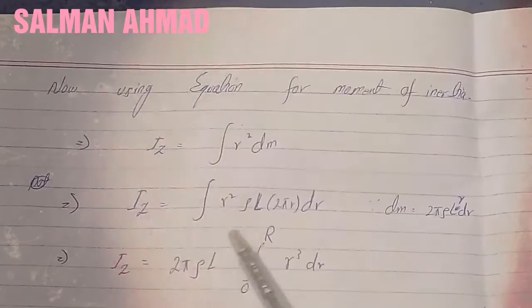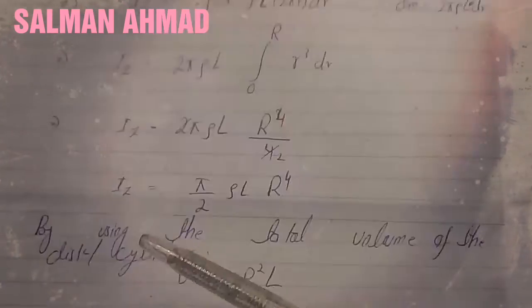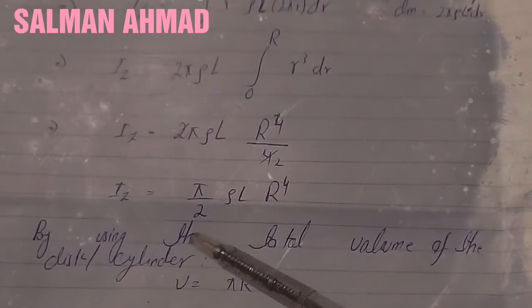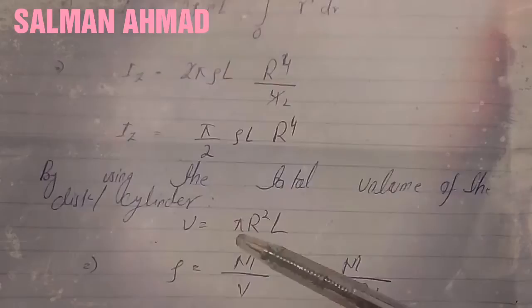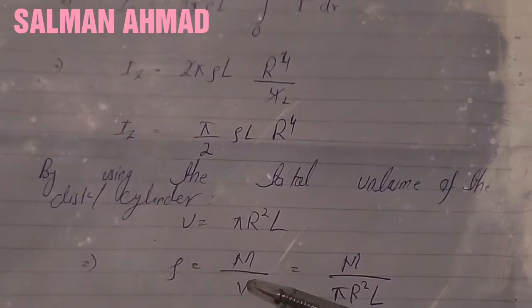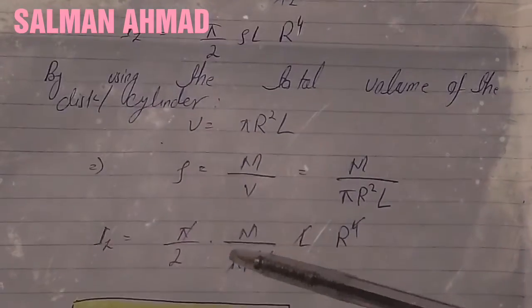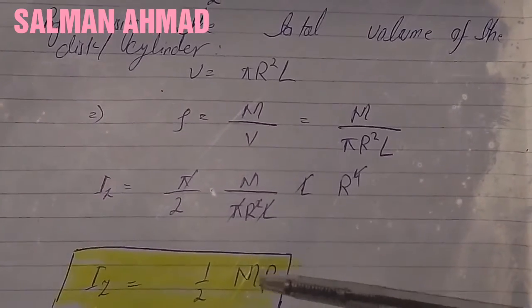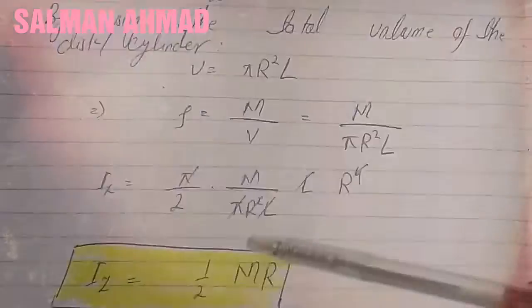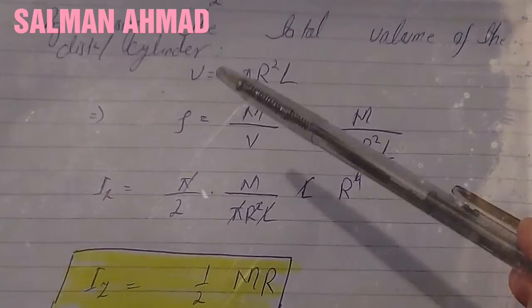From the equation of moment of inertia, we put that mass over there, and then we calculated, and after that we took the total volume of the cylinder, and by putting the total volume in the density equation, we found that the moment of inertia of a solid cylinder or disk is Iz is equal to half mr, which was unaffected by the length of the cylinder or the disk.